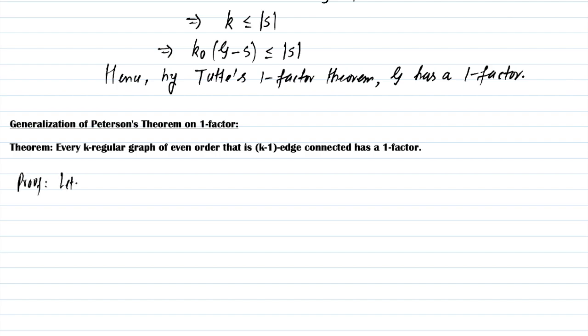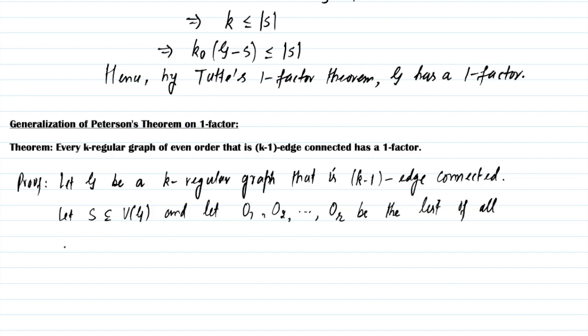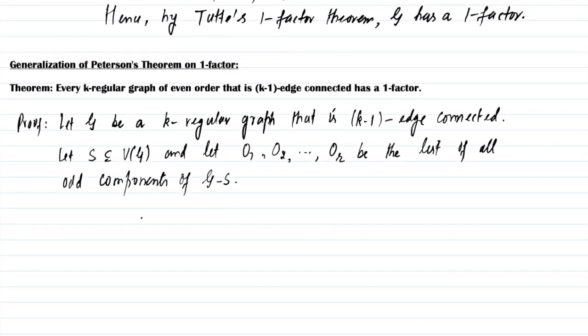Let G be a k-regular graph that is k minus 1 edge connected, and let S be a subset of the vertex set of G, and let O1, O2, and so on, OR be the list of all odd components of G minus S. We want to show that this graph has a one factor.